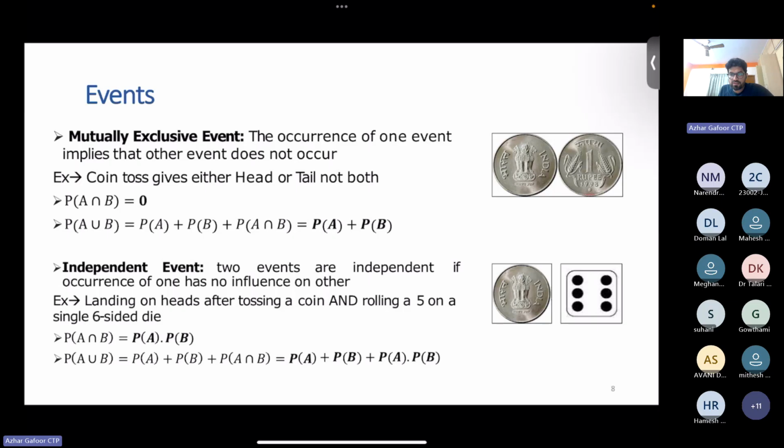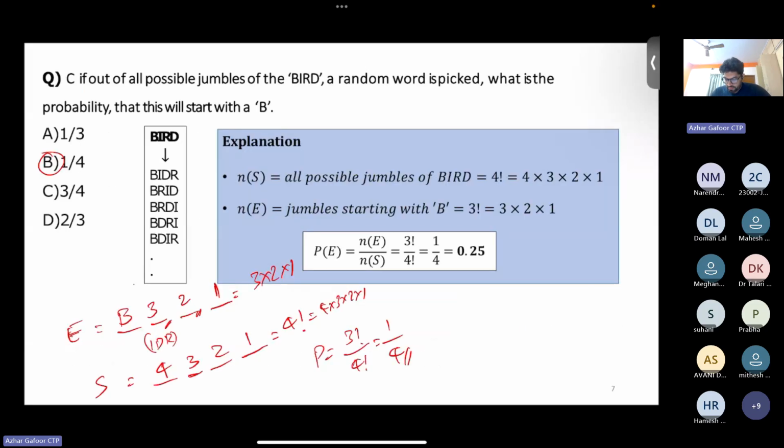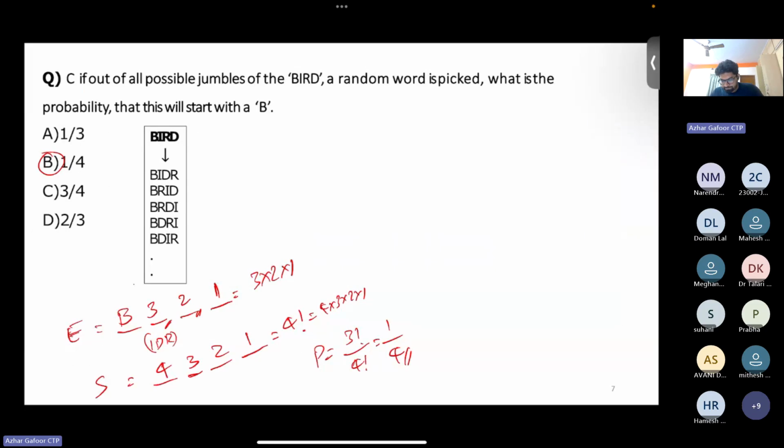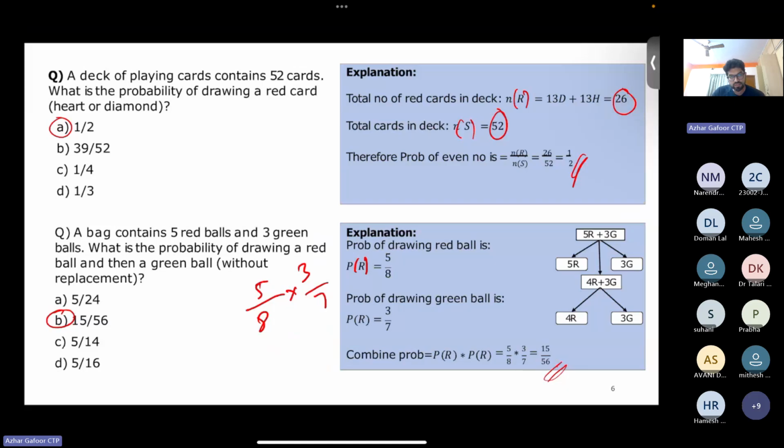So this is negative. Sorry. Okay. So let's see our ball example. In this case, let's try to clarify what is an independent event.